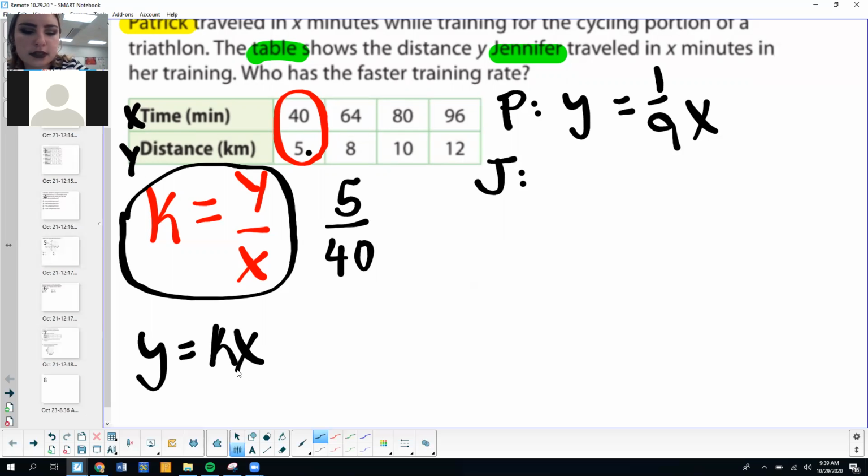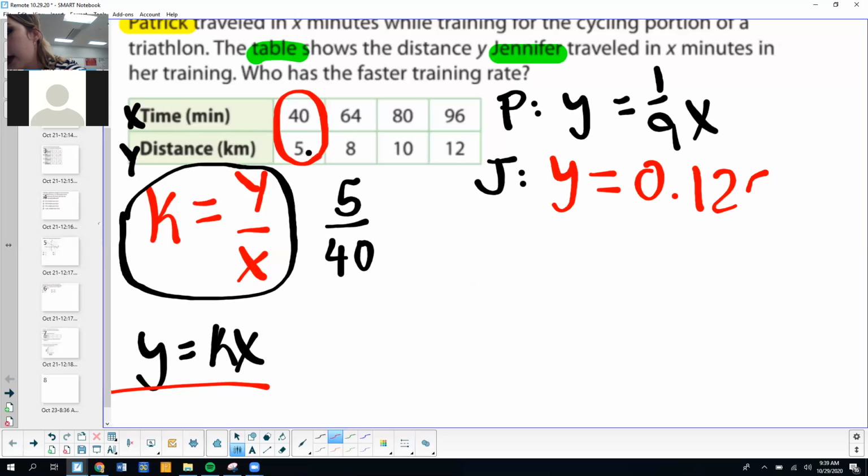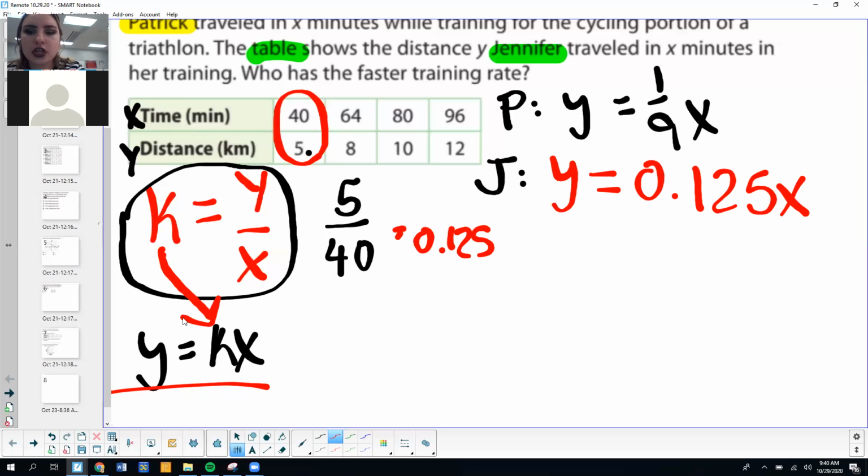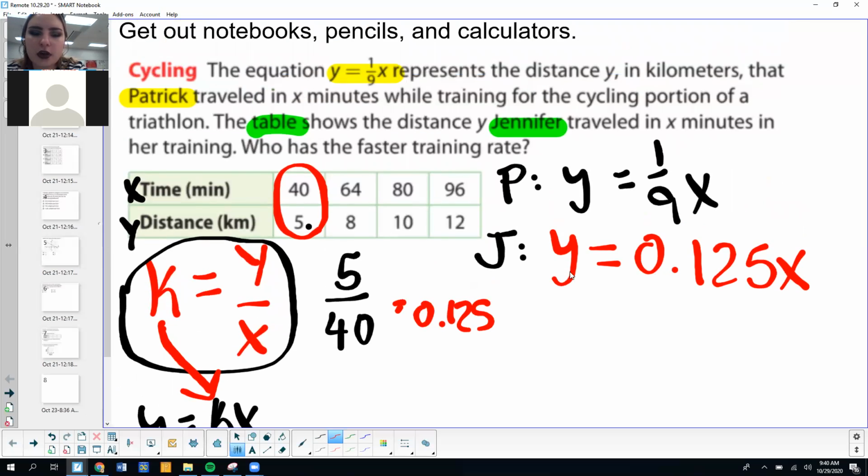So I'm going to do y equals 0.125x. I took her constant of proportionality, that was K, and plugged K into this formula setup, and so I wrote an equation for Jennifer. So Jennifer is y equals 0.125x, and this is her rate. This means in 1 minute, she goes 0.125 kilometers.